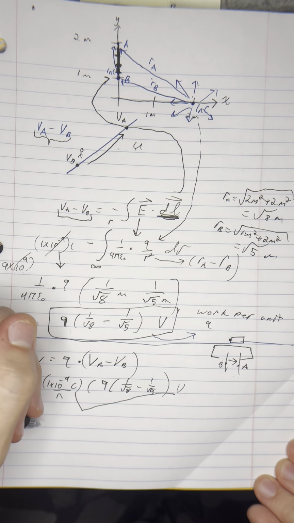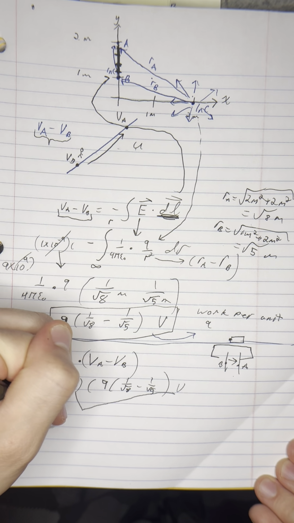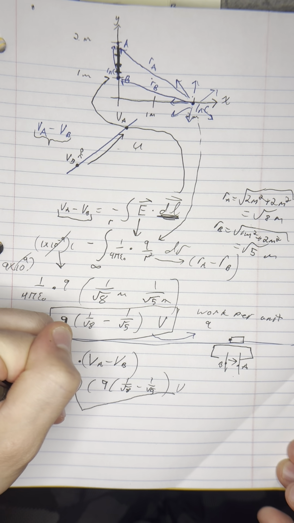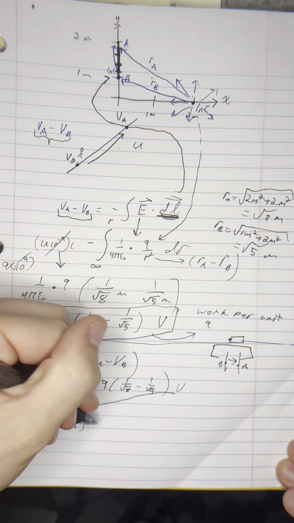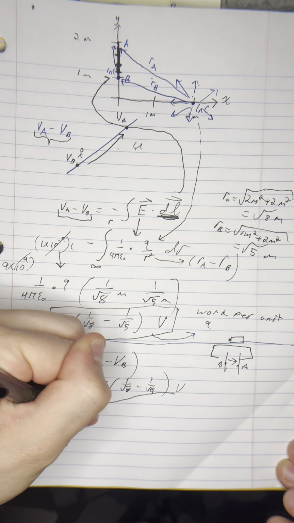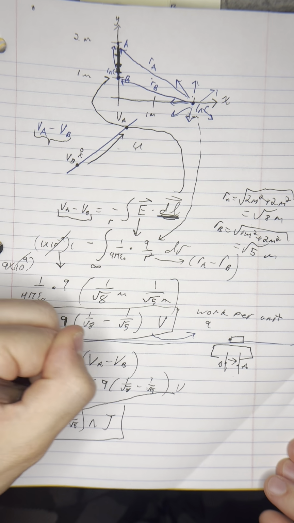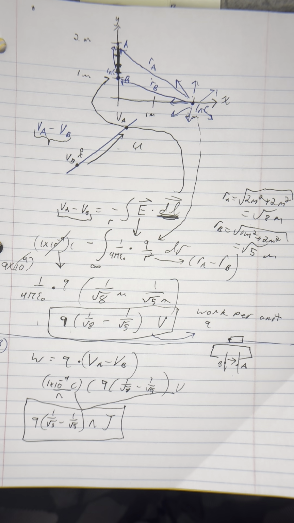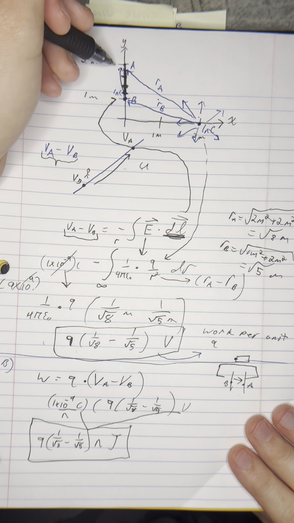So now we have 9. If we say 10 to the -9 is nano, we'll just say this is our original potential difference answer, but now it is work. So it's nanojoules from these constants. So this is the total work it is going to take to go from point B to point A.